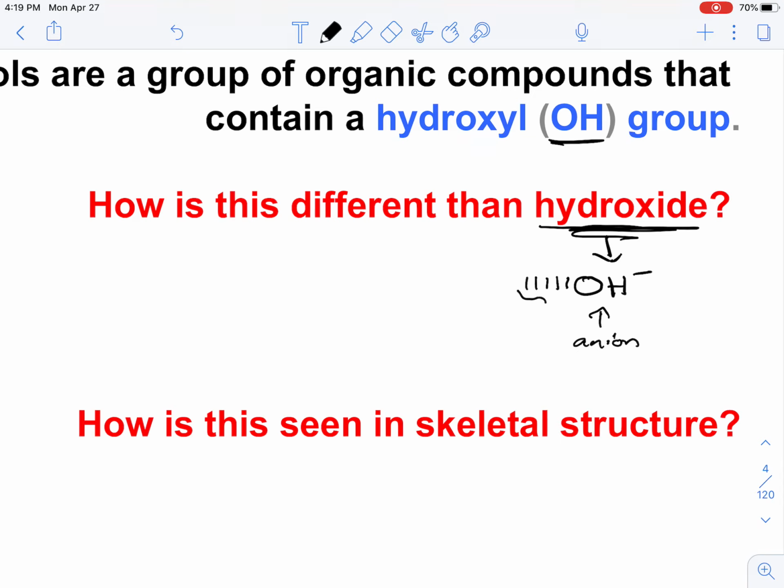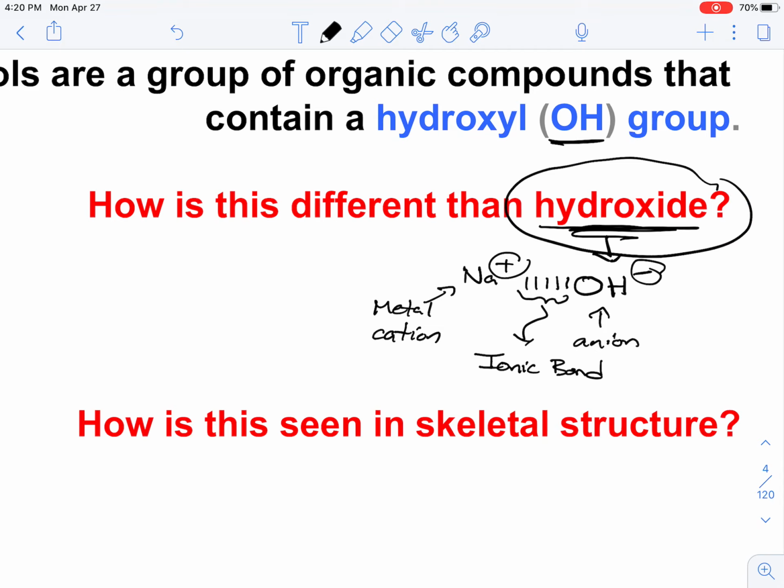All of these vertical lines that I'm drawing represent an ionic interaction or an ionic bond, which is simply an attraction between positive and negative charges, if you will. This sodium is our metal, and it's going to serve as our cation. So if you have this OH that's ionically bonded to a metal, then that OH is going to be considered a hydroxide.